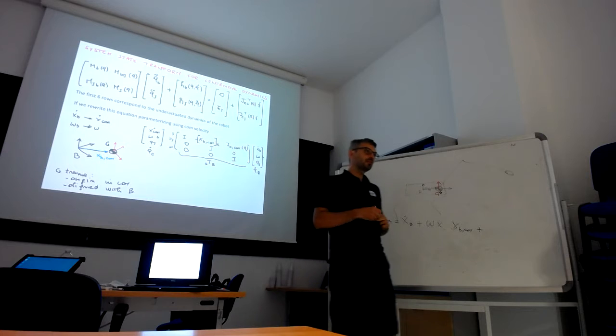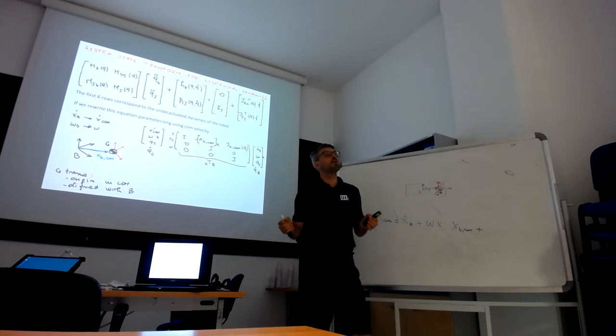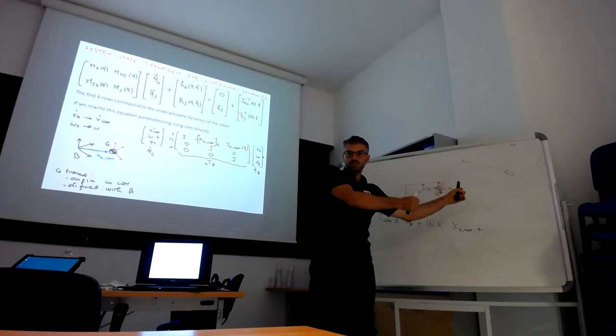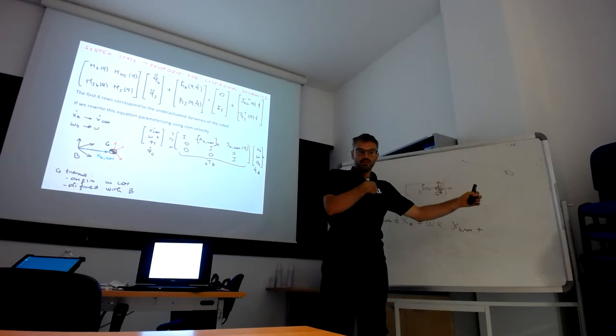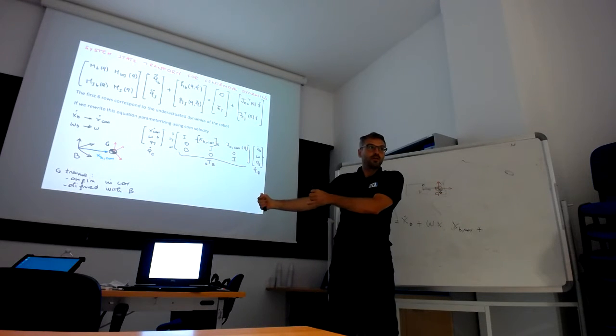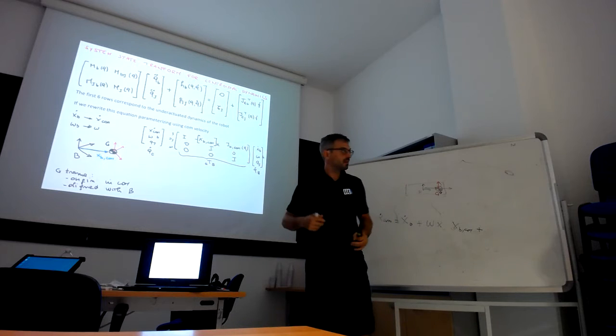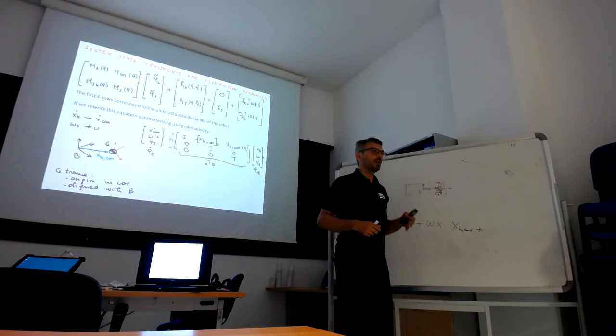The center of mass, we saw, depends on the position of the links. So if I move all the legs to here, where does the center of mass go? More on the left, it shifts left. If I move them to the right, the center of mass goes on the right, and the same also for the velocity of the center of mass.